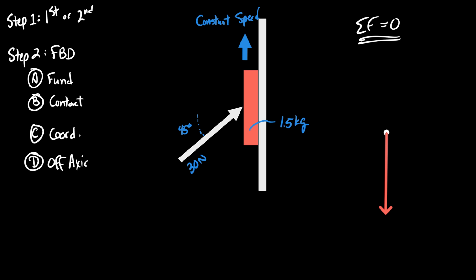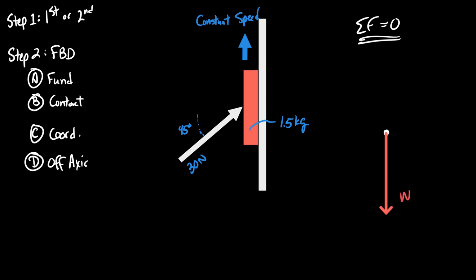I'm saying that because you're trying to draw this to scale as best as you can. And considering that another force is 30 units long, you need to be aware that the length of the arrows needs to be considered in your drawing. Now, this is the weight.